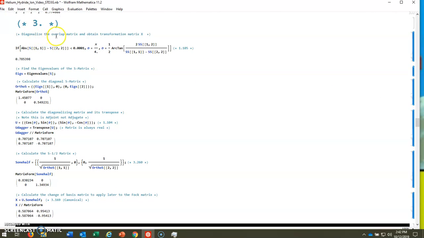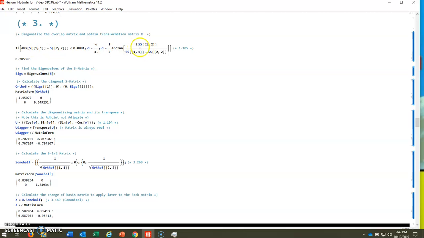So we're going to diagonalize this overlap matrix, and just going to use the equation here out of Szabo and Ostlund. This is equation 1.105 in the Math Chapter 1 at the beginning of the textbook. We'll use this equation, and he puts a little caveat in here in case the two diagonal elements are the same, which they are sometimes.